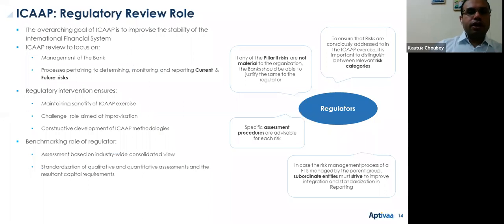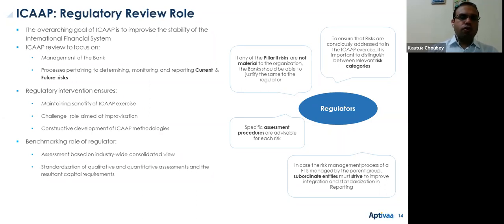Then the regulatory role over here again is basically to focus on the management of the bank in terms of its own internal process, and to ensure that the bank undertakes this ICAAP exercise in line with the guidance provided by the regulator and industry best practices. The regulatory interventions are done at junctures where the regulator feels that the sanctity of the ICAAP exercise is under threat, or there is any constructive development that the regulator wants to intervene and point out, or any change that it wants to bring in.